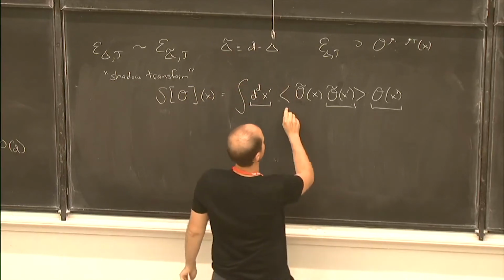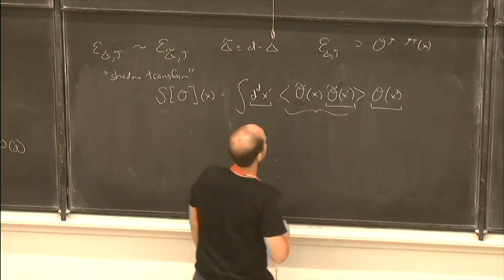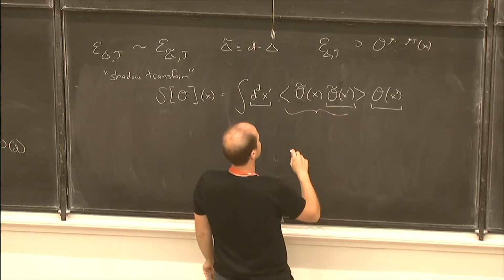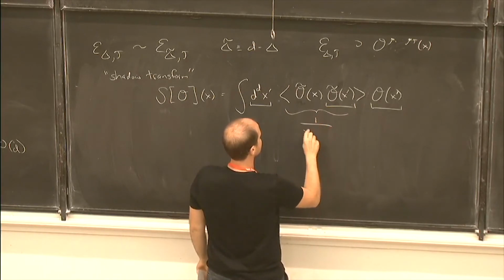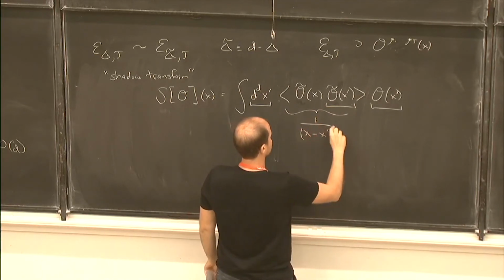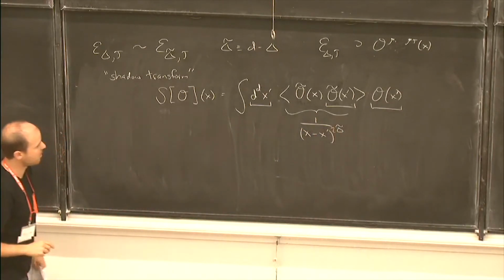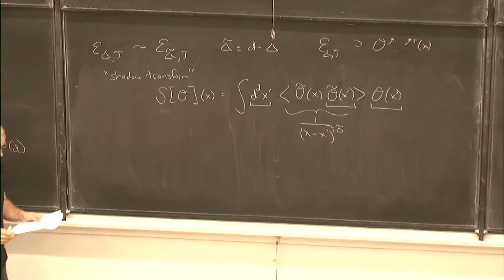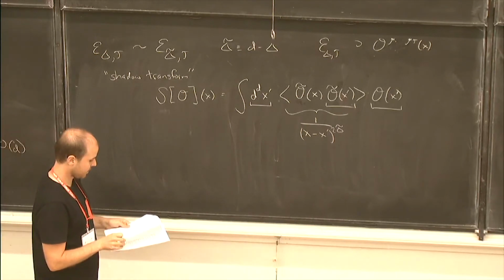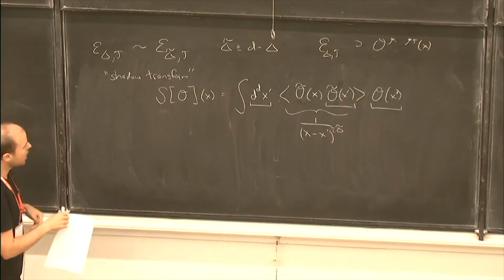Very precisely, in the case where O is a scalar, this thing is equal to 1 over x minus x prime to the 2 delta tilde.